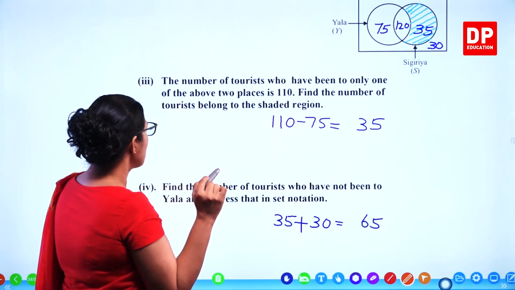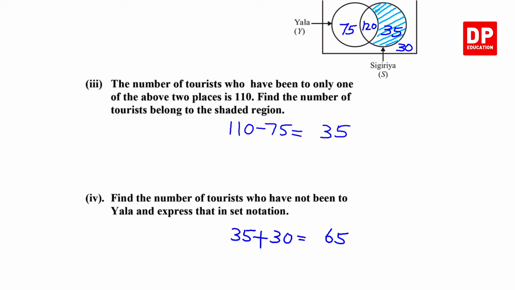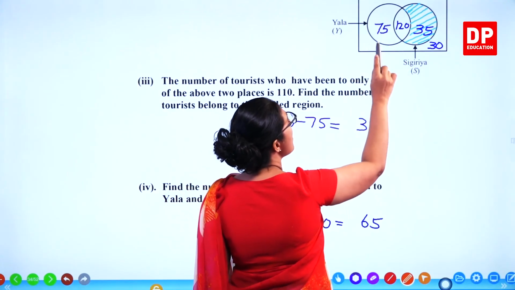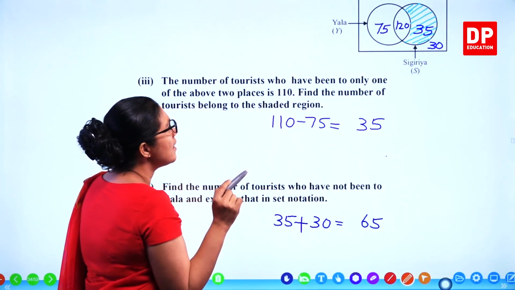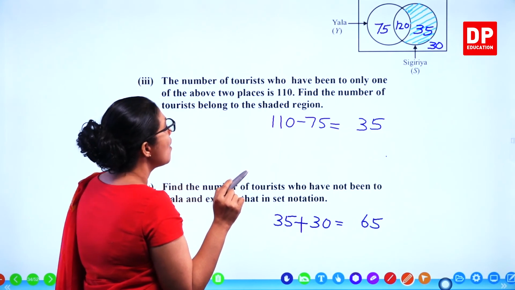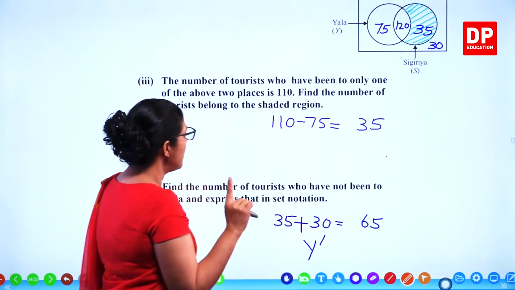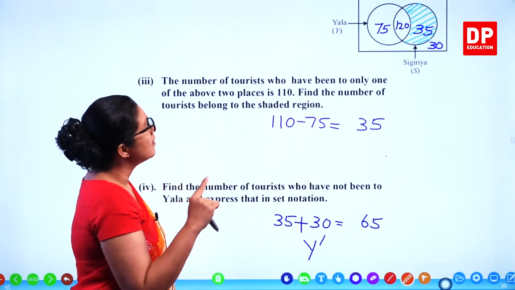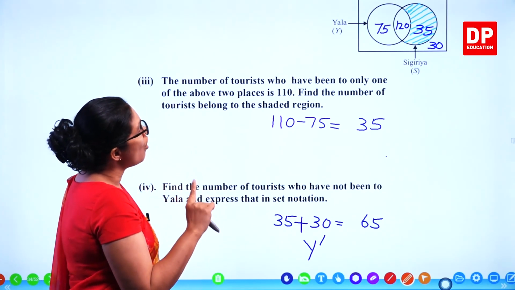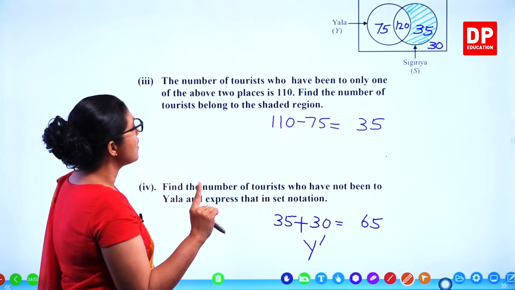And express that in set notation. So that means outside the Y circle. So we can say Y dash. Y dash is the required set. That means not belonging to Yala.